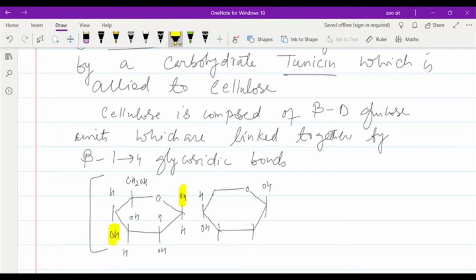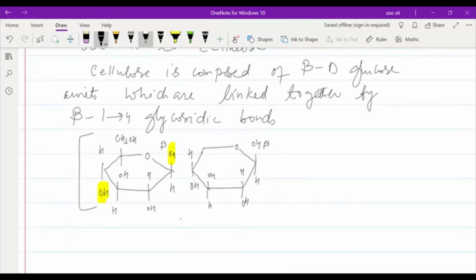This is D-glucose, but this is the beta hydroxyl, and this is the beta hydroxyl in this. And here this glucose is linked together with this.